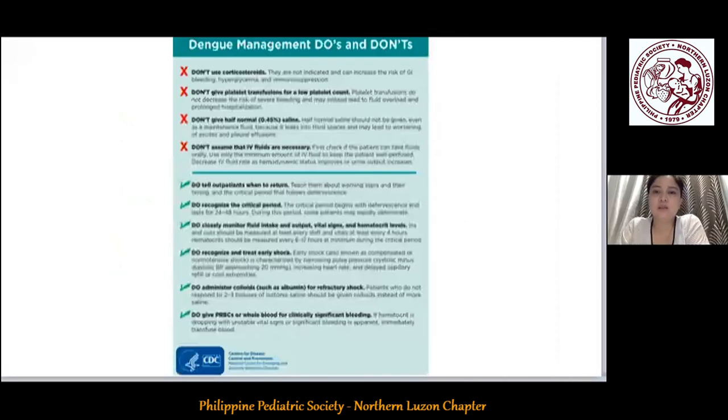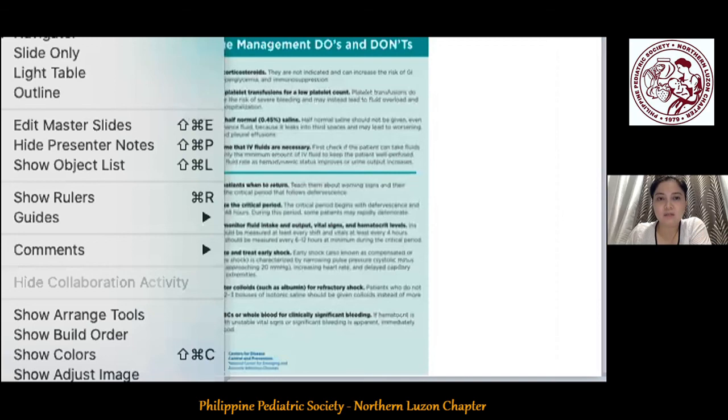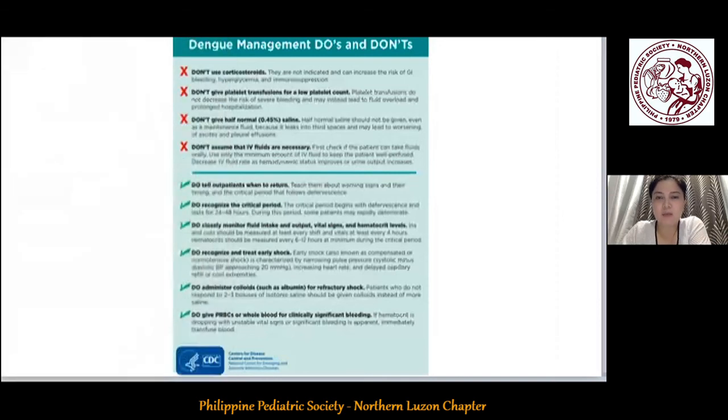So what are the do's and don'ts in dengue management? So for the don'ts of dengue management, don't use corticosteroids, don't give platelet transfusion for a low platelet count, and don't give half normal saline.